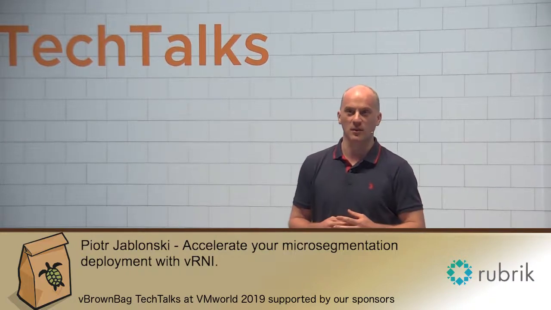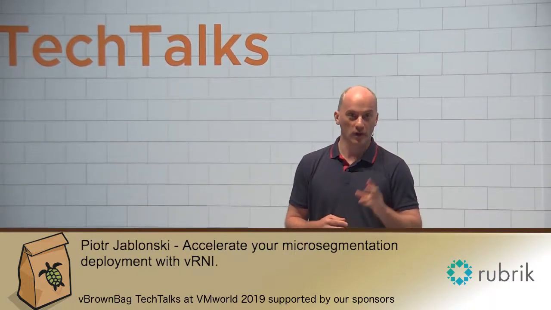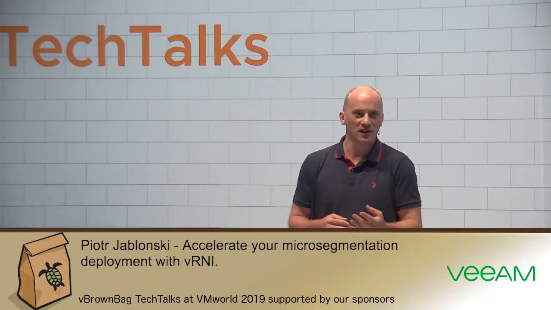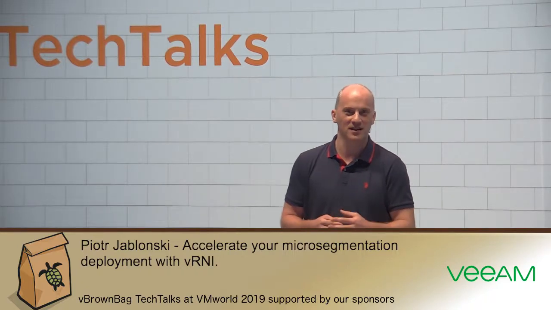I've been working with NSX and microsegmentation for 4 years, and the easiest part was always the installation. It can be done within an hour or so, and every salesman can tell you that this is a very easy piece of cake.